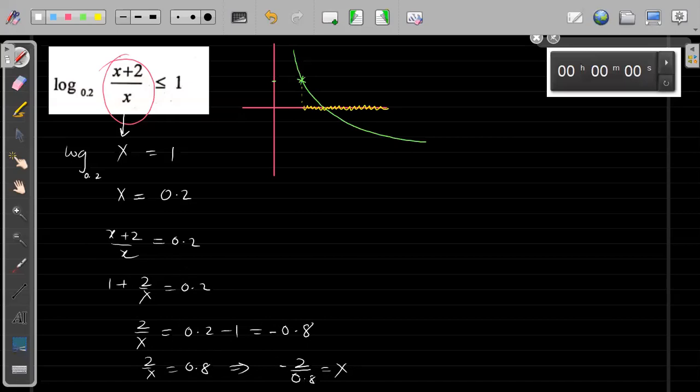So 2 divided by minus 0.8 becomes minus 2.5, equal to capital X.